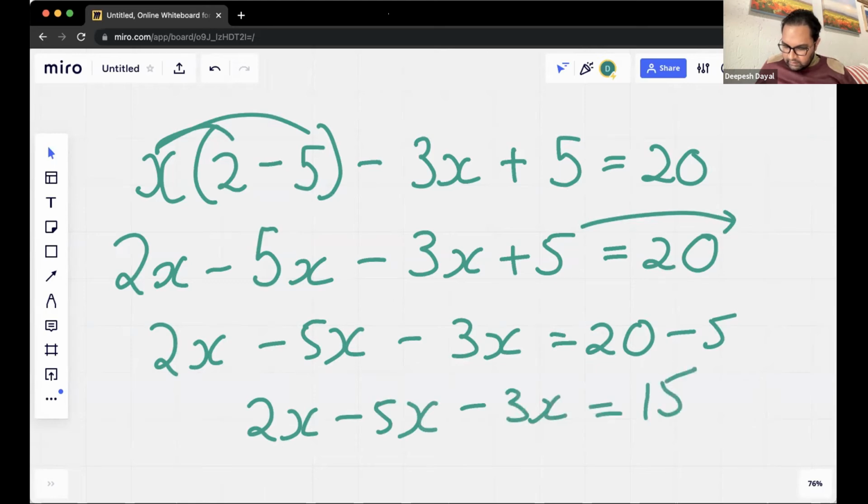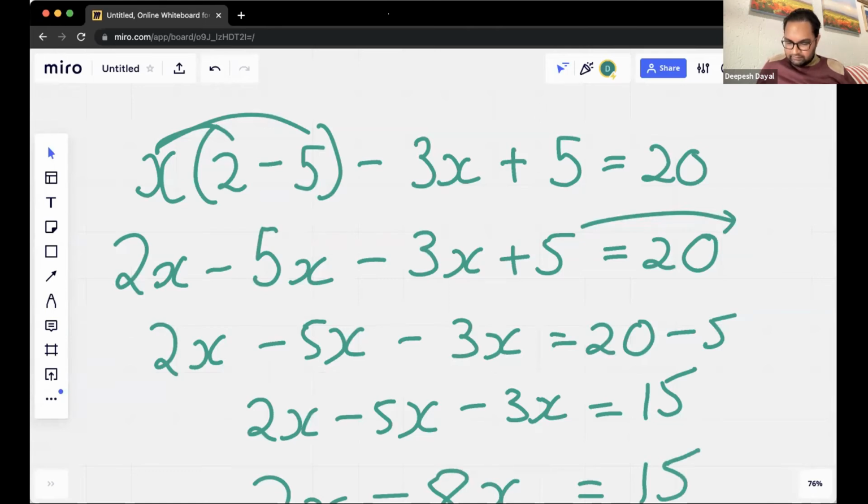Yes. And then we have the same sign here, negative 5 and negative 3. So we add them. So it's going to give us 2x minus 8x is equal to 15.